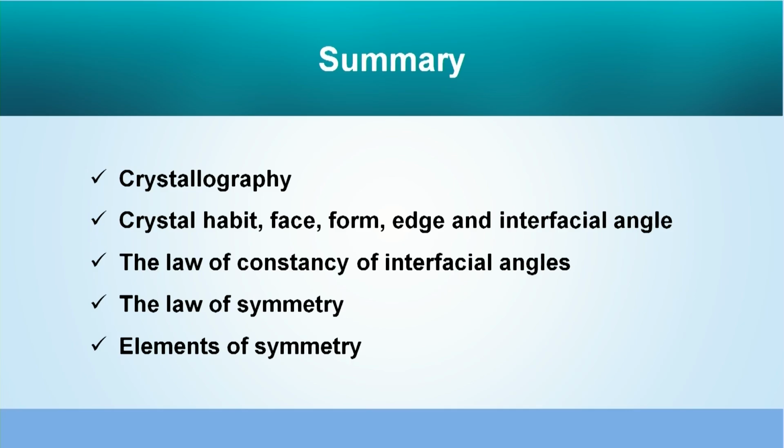And in order to understand the law of symmetry better, we had a detailed discussion on various elements of symmetry, namely axis of symmetry or proper rotation axis, plane of symmetry and center of symmetry.